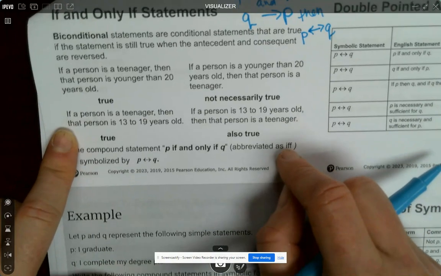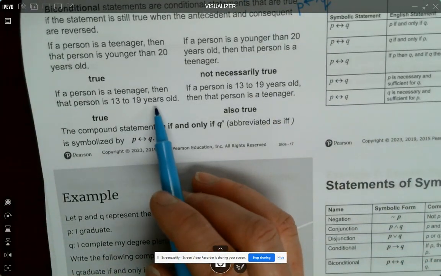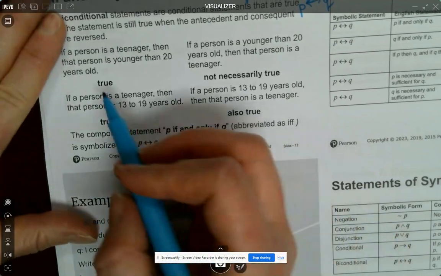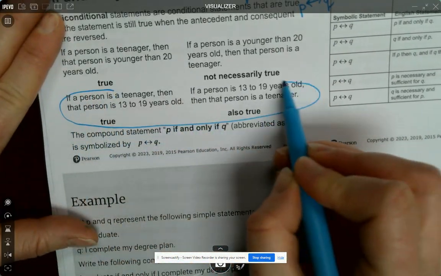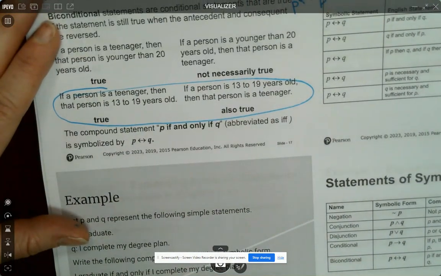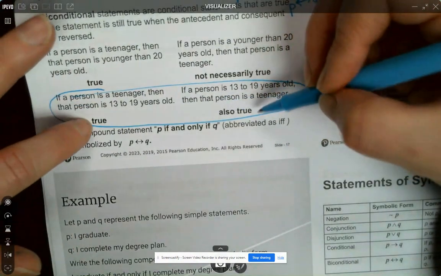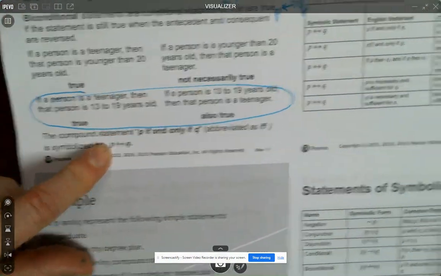That makes more sense. So this one is the correct one that you can do a biconditional statement with because they are both true no matter which way you go. P then Q, Q then P. If you can do both of them and they're both true, then it's a biconditional statement.